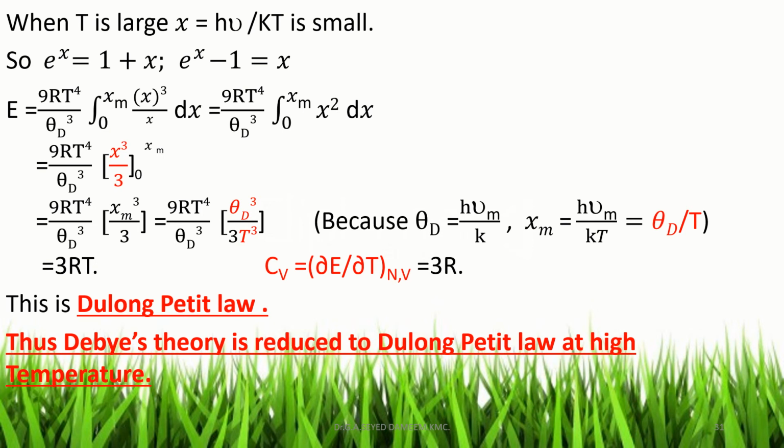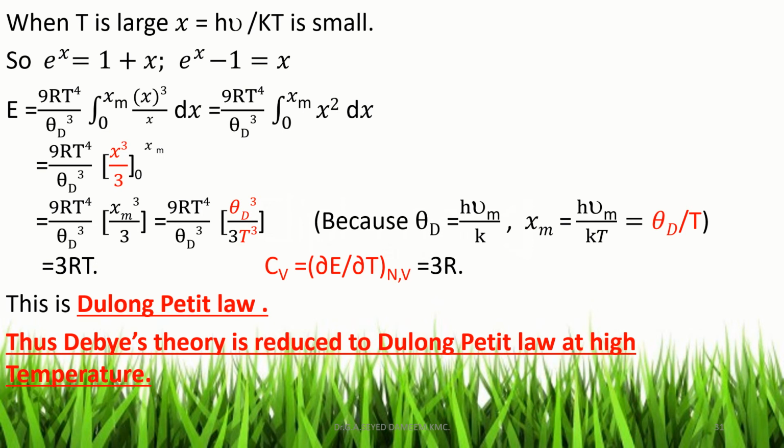So now the energy equation, E is equal to 9RT power 4 divided by θD cube integral 0 to xm x cube divided by x, because e^x minus 1 is substituted as x, dx, that is equal to 9RT power 4 divided by θD cube integral 0 to xm x square dx.